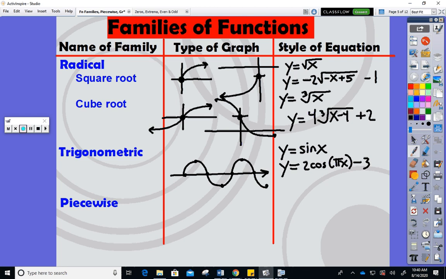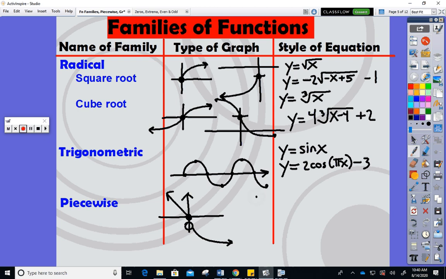Now on piecewise functions, they're the ones that look like you've taken pieces of multiple graphs. So for instance, you might have a piecewise function where you have a line for one part of the graph, and then maybe a square root function for another piece of the graph.